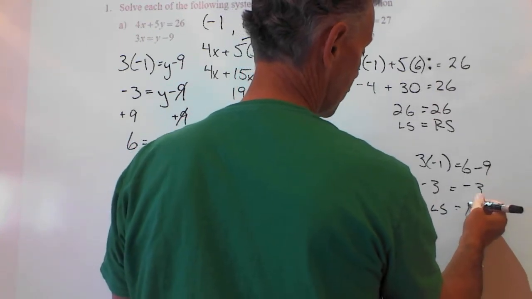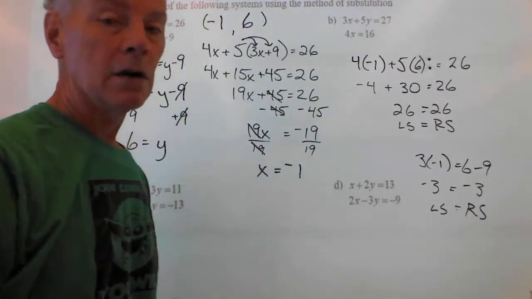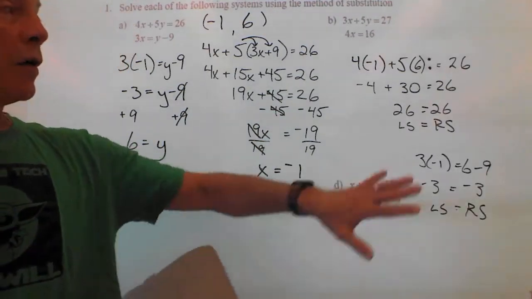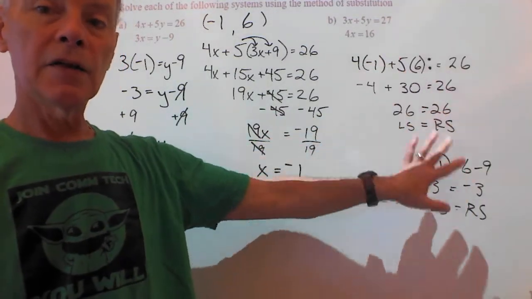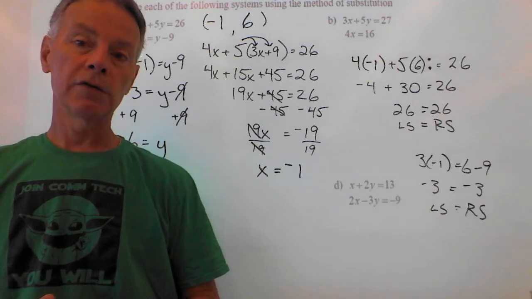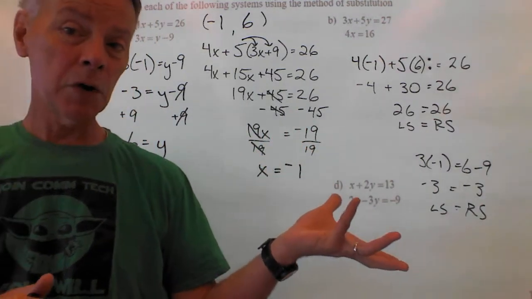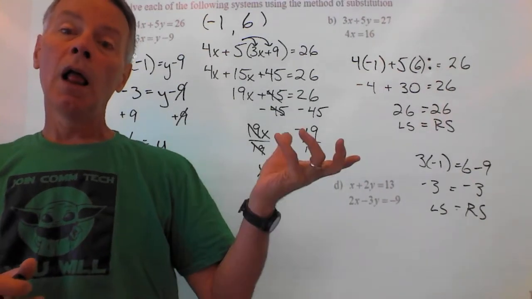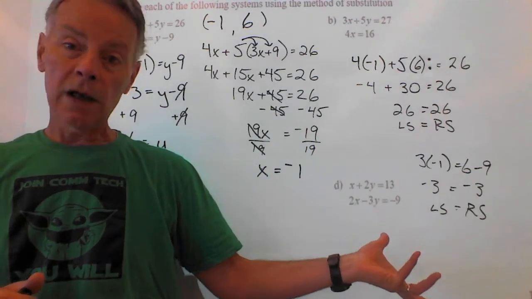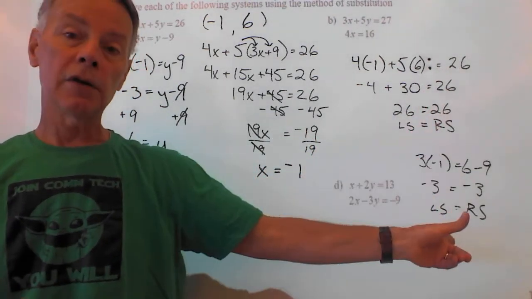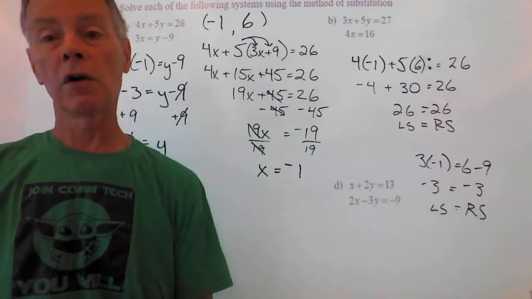Left side equals right side. We're done. Okay? So this is verifying it's done once you get your answer, just to make sure your answer is correct. So again, another really nice thing about these problems is you'll always know at the end whether you got the right answer, because it will always work.